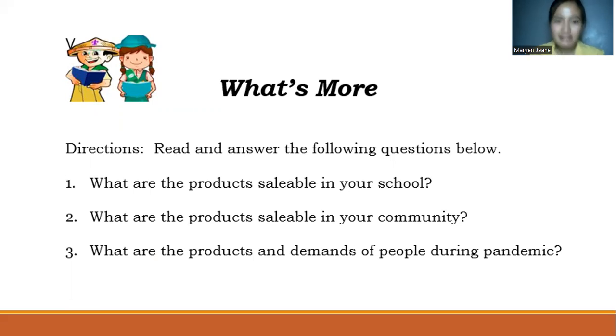Nowadays, in our community, the most saleable are face masks, alcohol, and the basic needs of each household. Number 3, what are the products and demands of people during the pandemic?